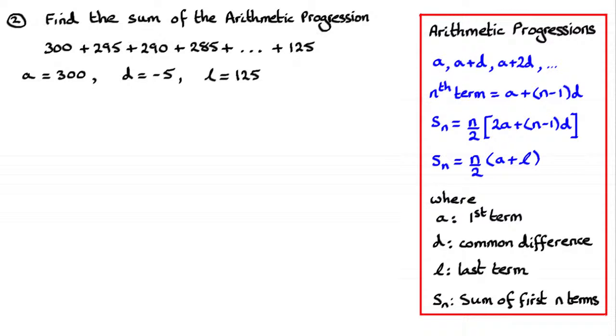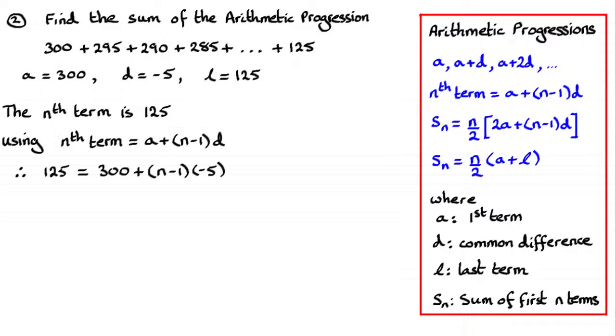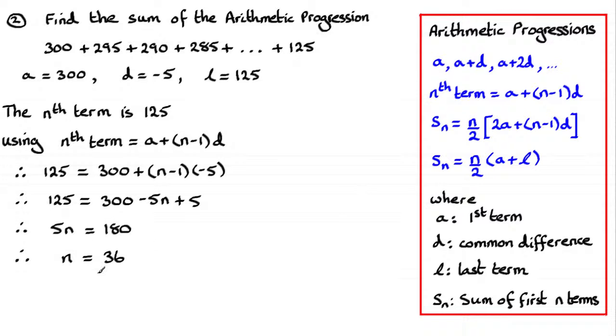We know the nth term, the last term, is 125, and we can figure out how many terms we've got if we use this formula here. Put in 125 as that nth term, the last term, equals first term plus n minus 1 times the common difference. Solve this equation, expand it, rearrange it, and you should find you've got 36 terms in this series.